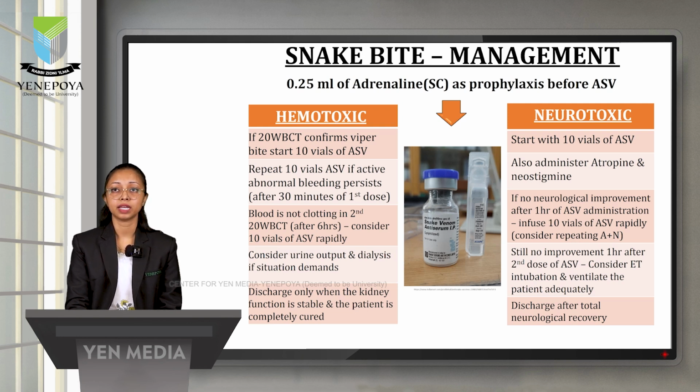Consider repeating atropine and neostigmine again. If still no improvement 1 hour after the second dose of anti-snake venom, consider endotracheal intubation and ventilate the patient adequately. Discharge after total neurological recovery.